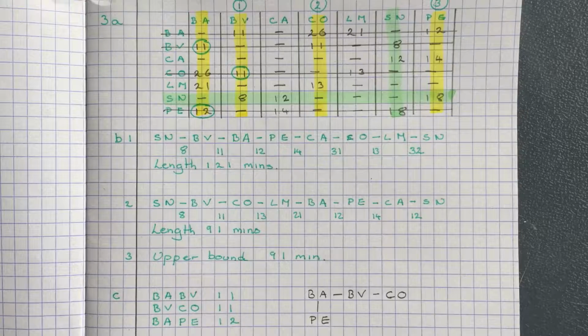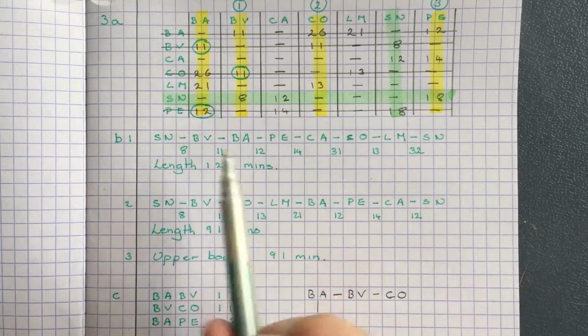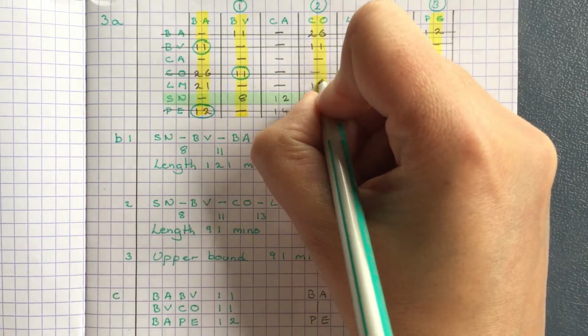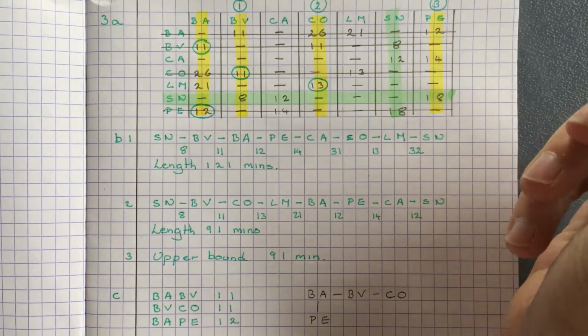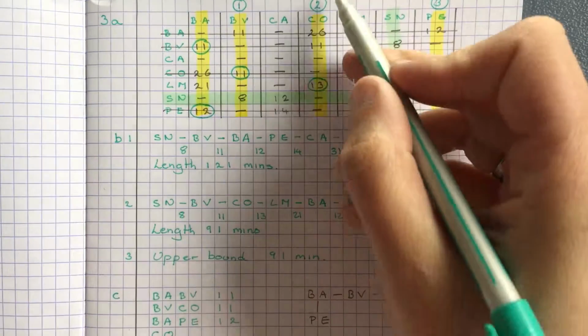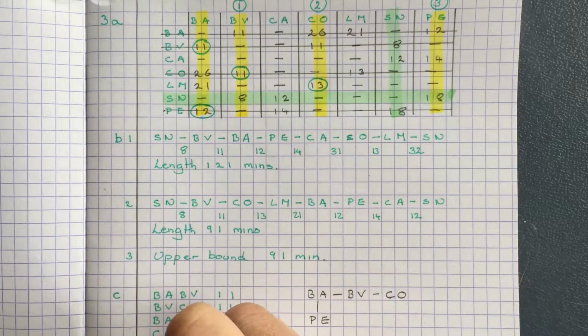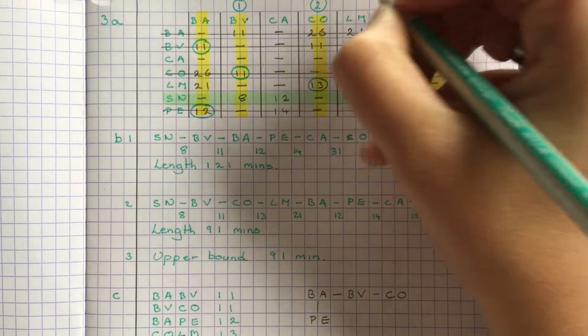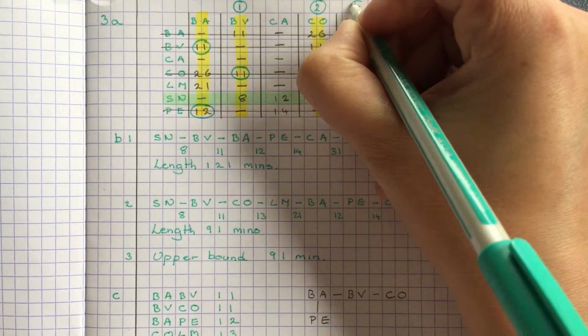Looking at what we've got, we have a 21 left in this column, a 13 and a 14. If we take this 13, it was in our CO column, so it is CA to LM, it is 13. So that will be the fourth one that we have chosen.